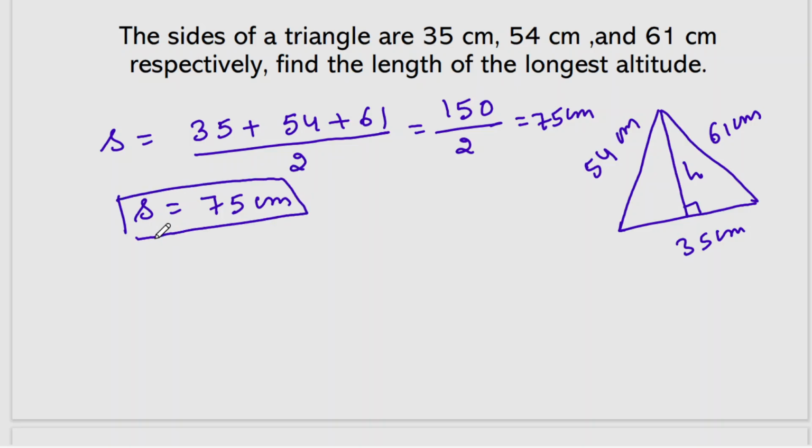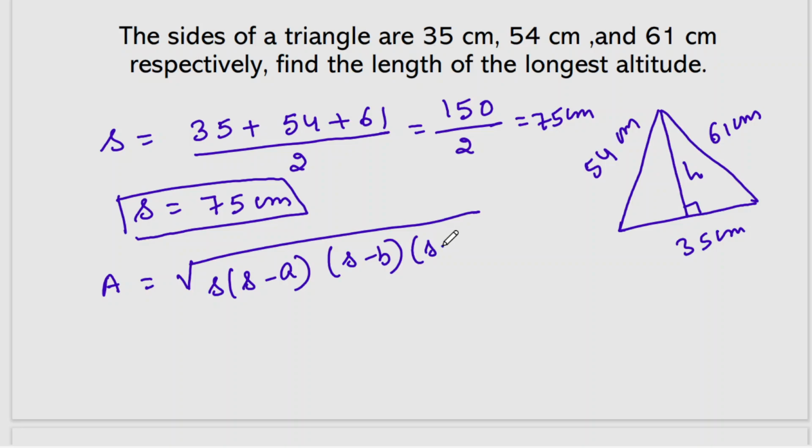Now we are going to use this to find the area. Area of the triangle is root of S into S minus A, S minus B, and S minus C, where A, B, and C are the lengths of the sides.